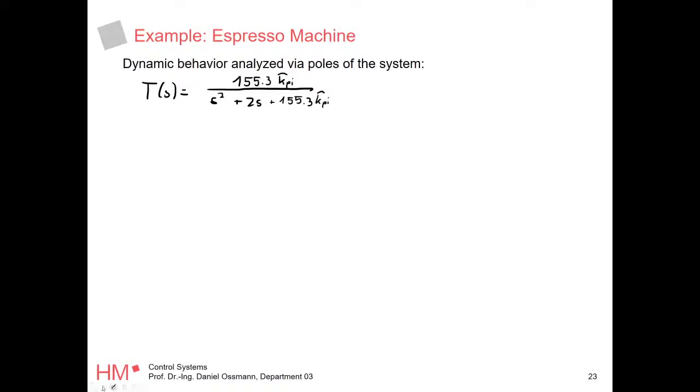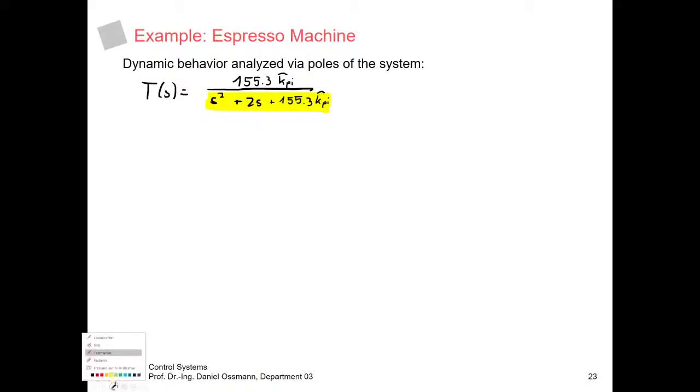So we are not changing the steady state accuracy if we change the gain, because it's always going to be 1, right? However, what we can change are the zeros, so to say, of the denominator polynomial, right? So if we change K, the eigenfrequency and the damping of this PT2 system are going to change, because we changed that value in there.